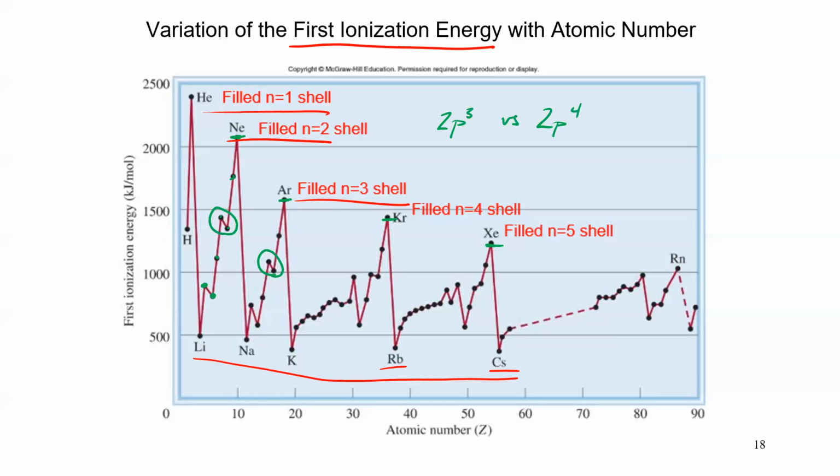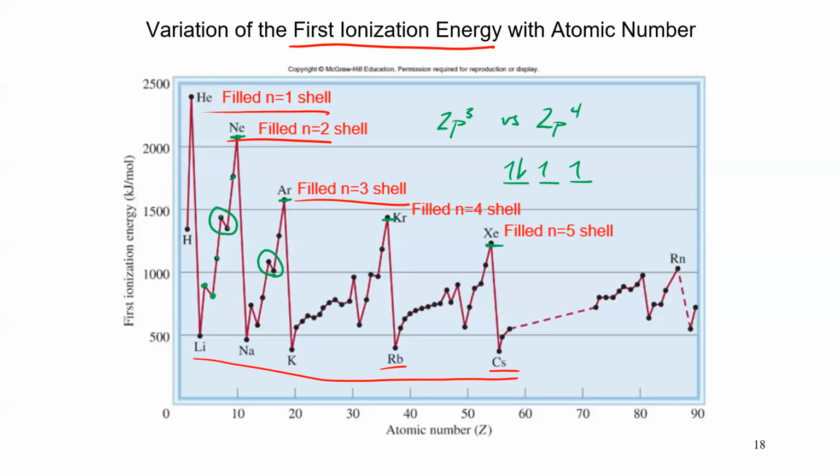What do we know about the distribution of electrons in 2p3? They're equally distributed. They all have their own orbital. They're all like this. Then 2p4 comes in and puts an electron in one of those orbitals.